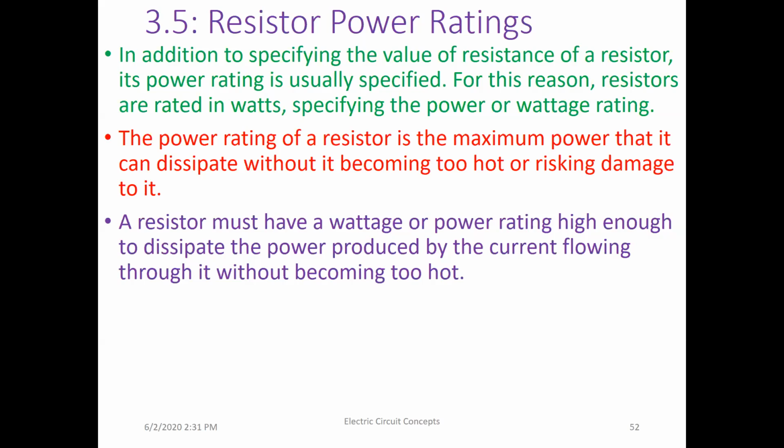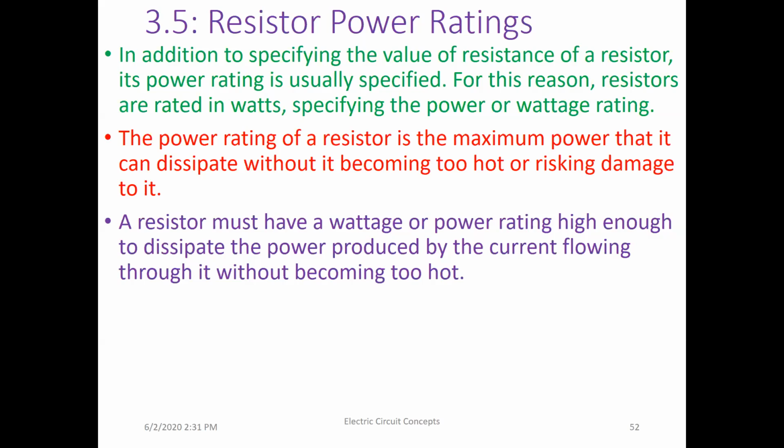That means when I buy a 100 ohm resistor, I should specify to the seller that I need this value and I also need the resistance to handle 100 watts in terms of heat. So this is basically the meaning of the resistor power rating.